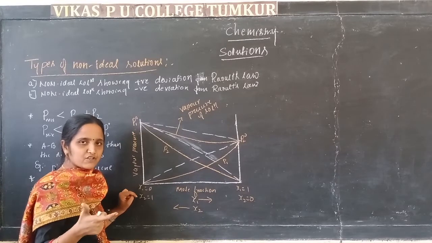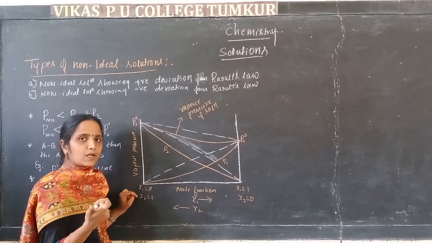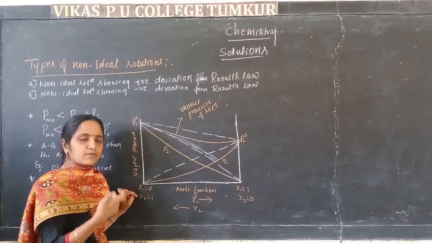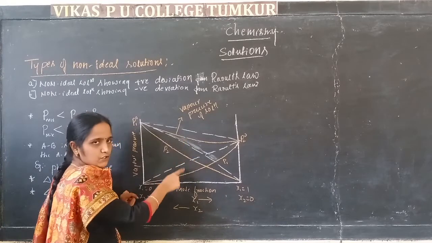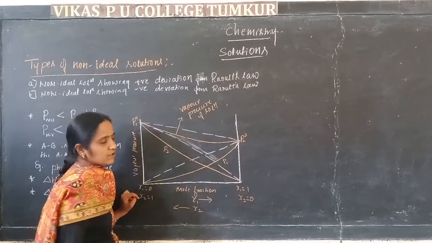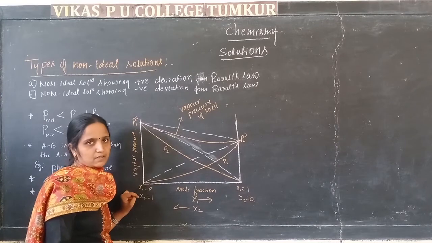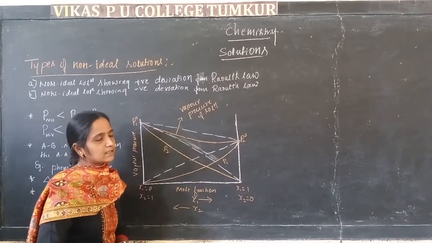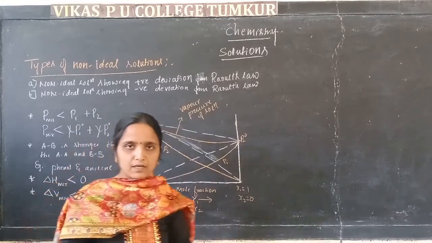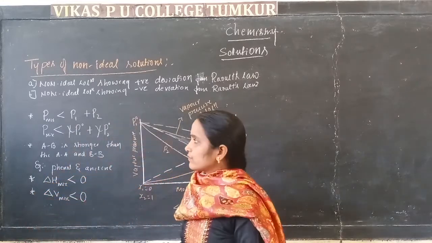Because the interaction between the two different molecules is stronger. Therefore, the vapor pressure decreases. This shows the negative deviation from Raoult's law.